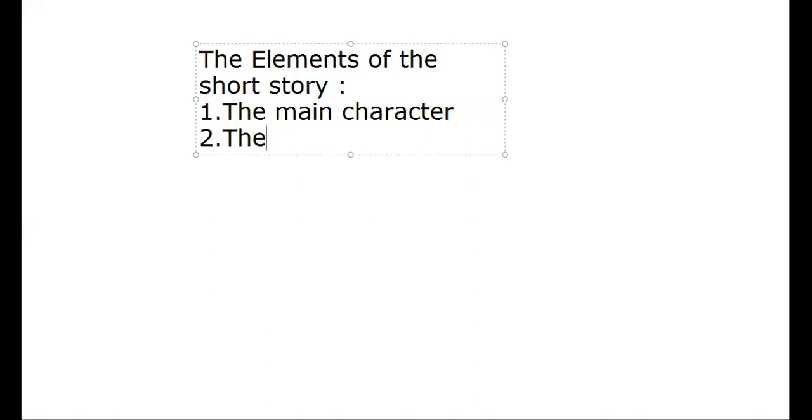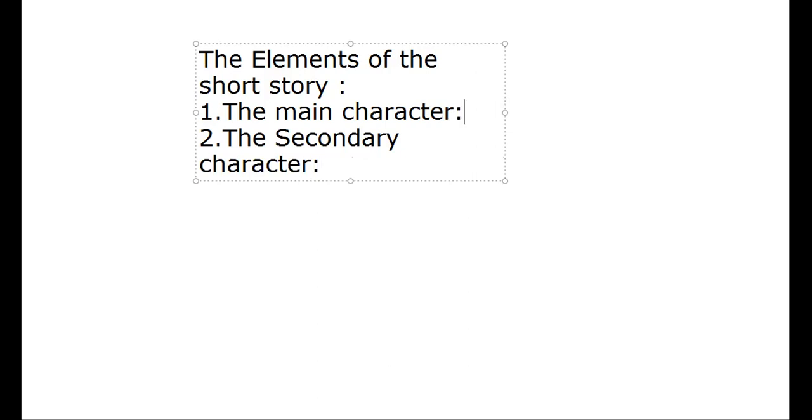We have the secondary character, a secondary personality. Number 3, we have time. Number 4, we have place.